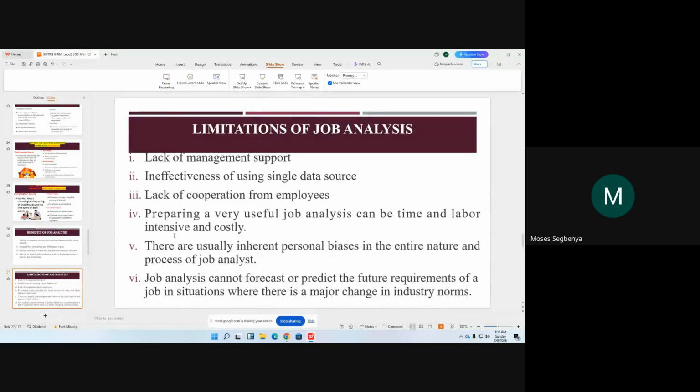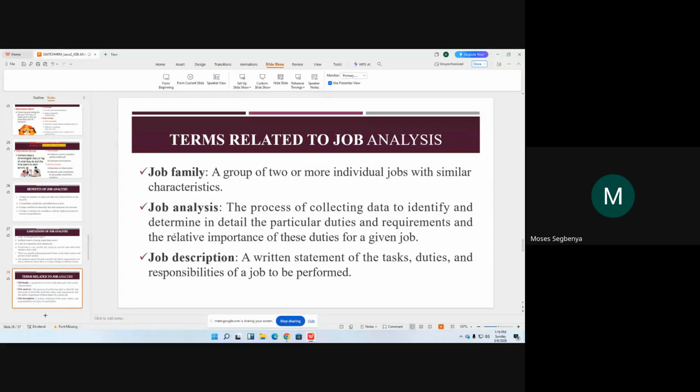But we have lost it. Other jobs have now taken over, and teaching is not even attractive to today's generation any longer. Job analysis cannot forecast or predict the future requirements of a job in situations where there is a major change in industry norms. So when it comes to predictive power, job analysis does not have it.